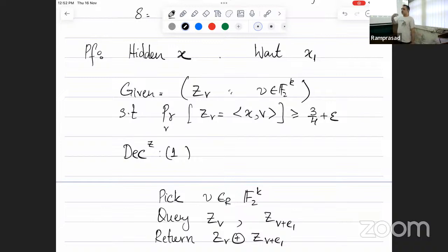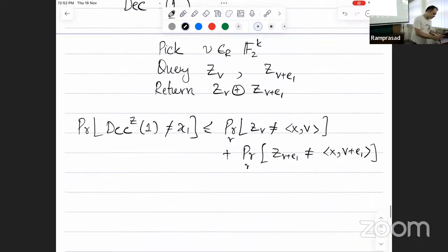So the chance that it is not equal is at most a quarter minus epsilon. Therefore the first quantity is at most 1/4 minus epsilon. What about the second quantity? It's the same thing, because e1 is a fixed vector.